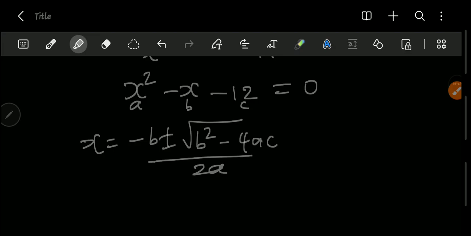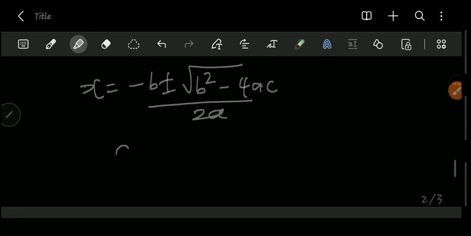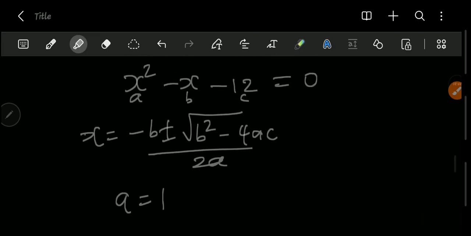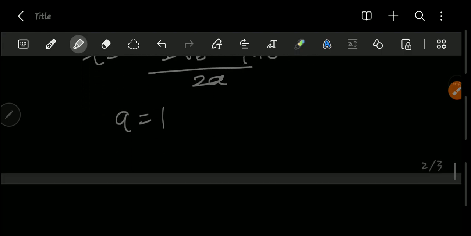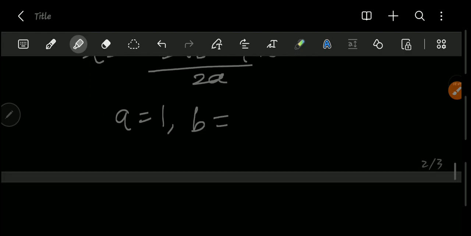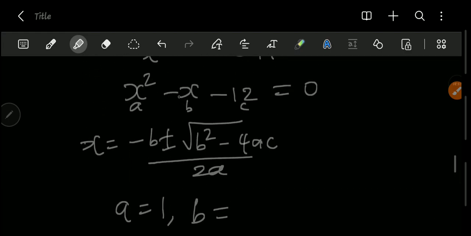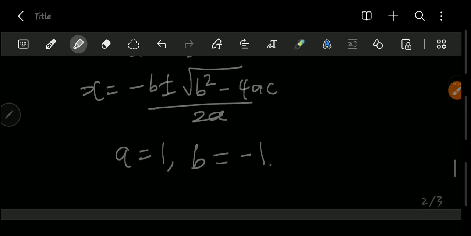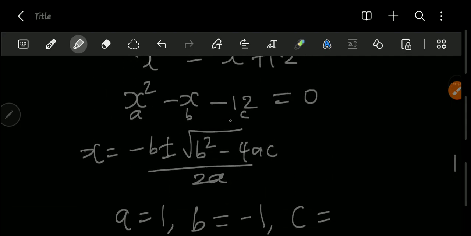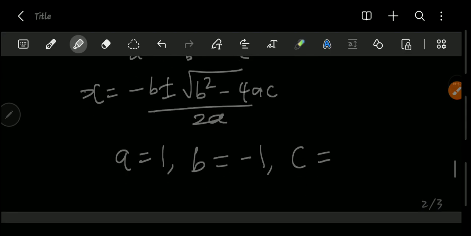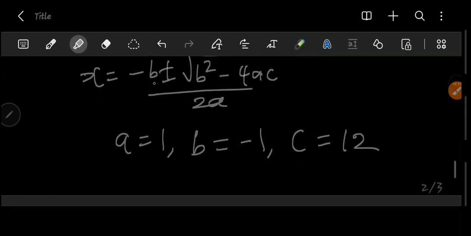So this is my a, this is my b, this is my c. So a here is literally the number in front of x squared, and b is the number in front of x, then c is the number here, this minus 12 is my c. So my a is 1, my b is minus 1, and my c is minus 12, right? So I'm going to put all this into this formula.